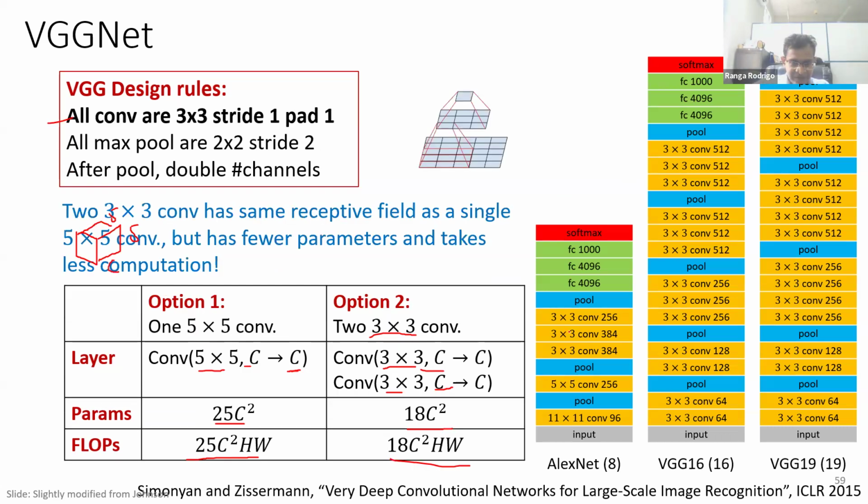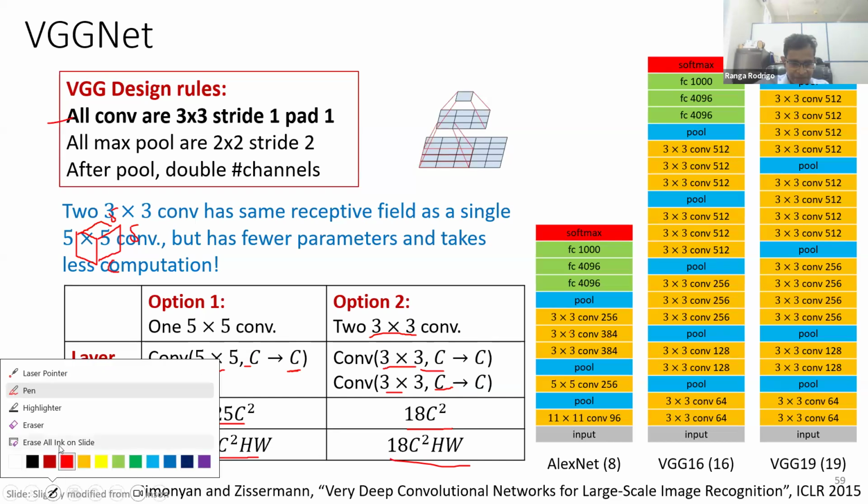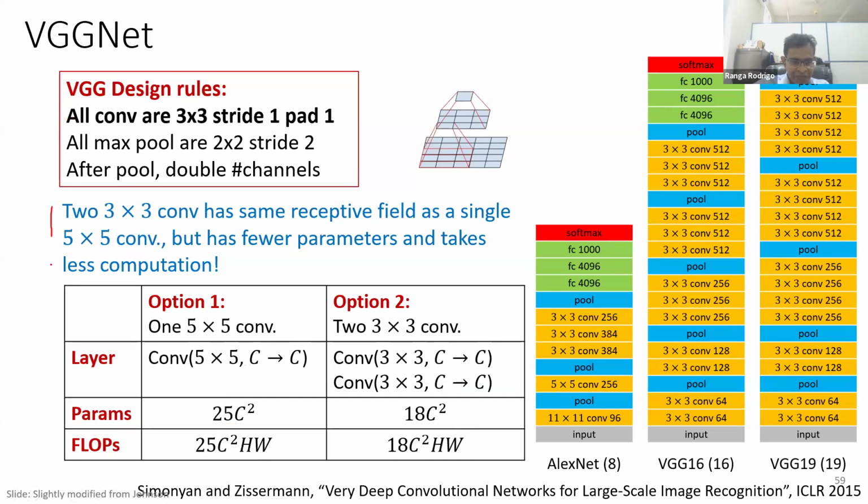Two 3 by 3 convolution kernels have the same receptive field as a single 5 by 5 convolution, but far fewer parameters and take less computation.